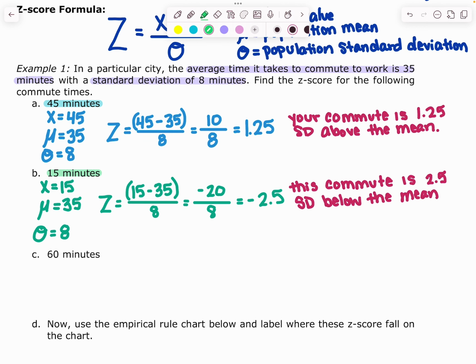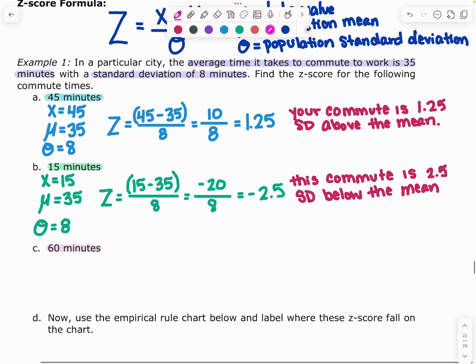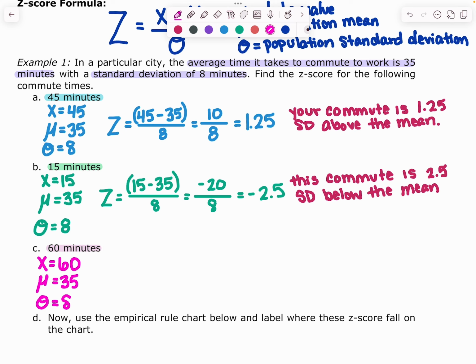And I have one more here. My x value this time is 60. Whoopsies. X equals 60. Mu is still 35. And sigma is still 8. So z equals 60 minus 35 divided by 8.